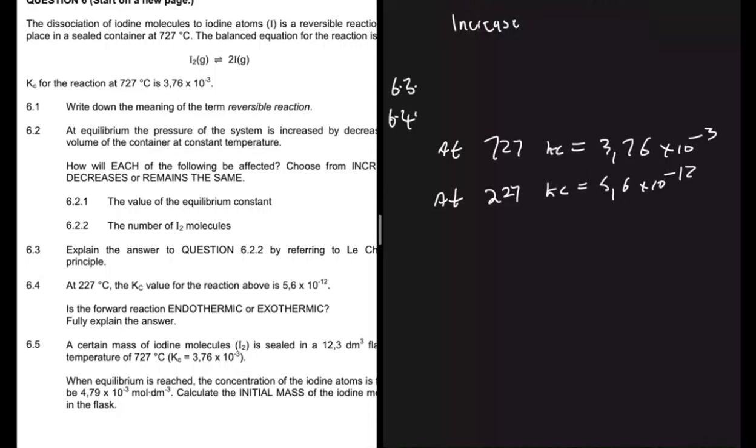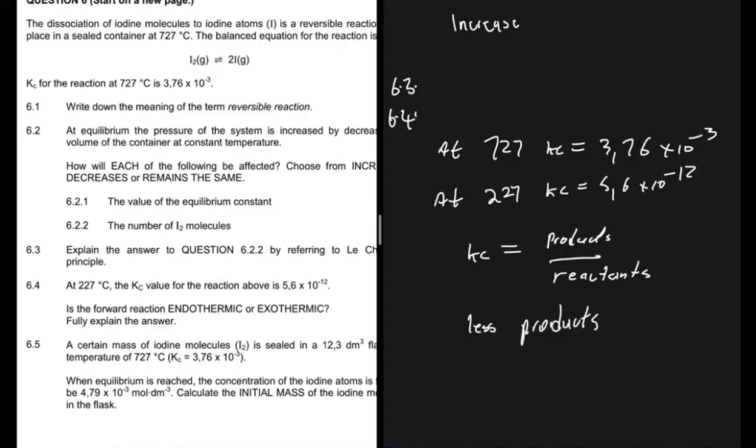But what does the Kc value tell us? When we want to calculate Kc, Kc is basically the products divided by the reactants. That's what we are essentially saying, although we'll raise to powers based on the balancing coefficients. So if we decrease temperature and the Kc value goes down, it means that now we have less products.